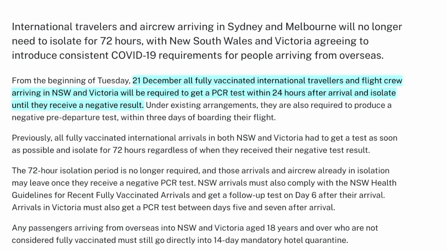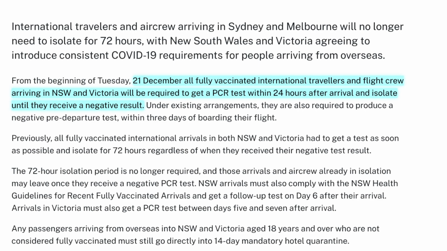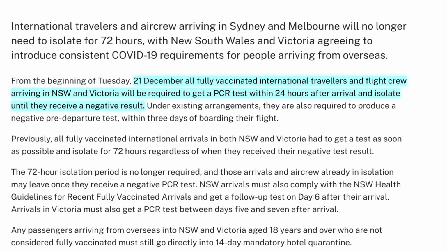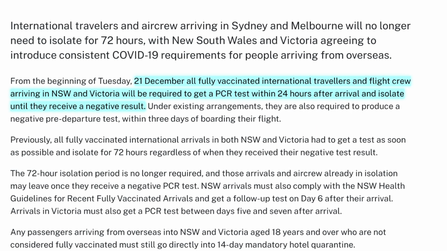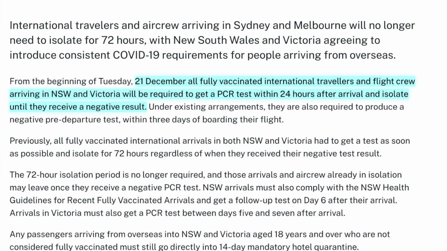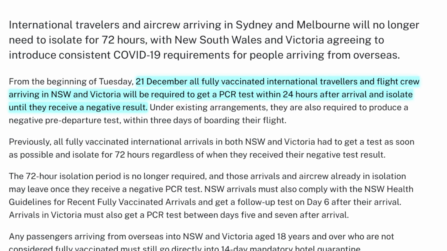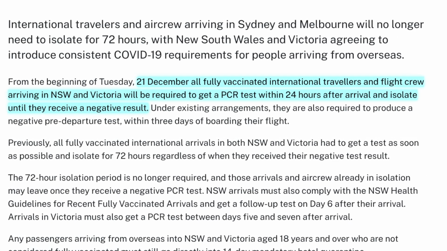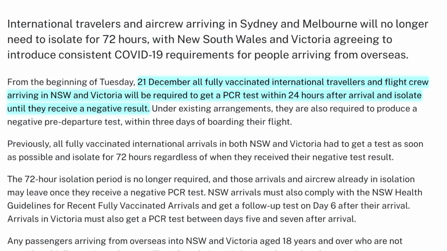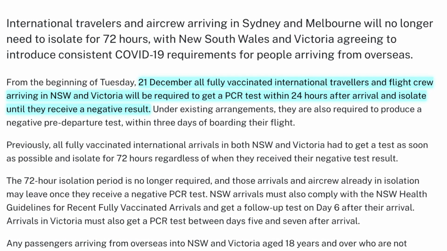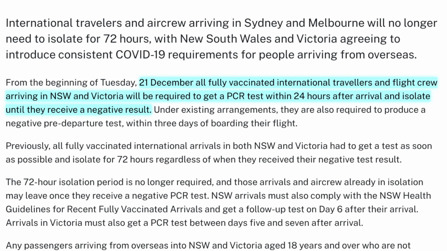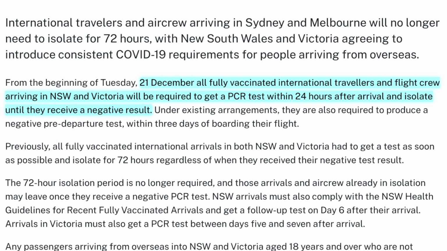Instead, they will need to be tested within 24 hours of their arrival and isolate until they receive a negative result. So the only isolation is for the time you're waiting for your test result, and if it turns negative, you can come out of isolation. No more 72-hour isolation for people arriving in New South Wales and Victoria from 21st of December 2021. And the good thing is you can do this quarantine at your home.